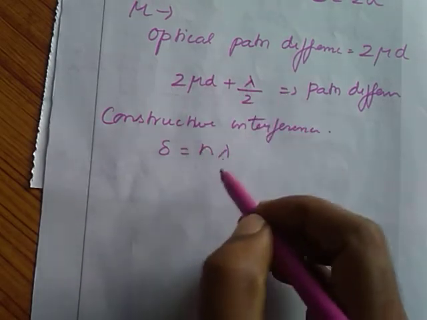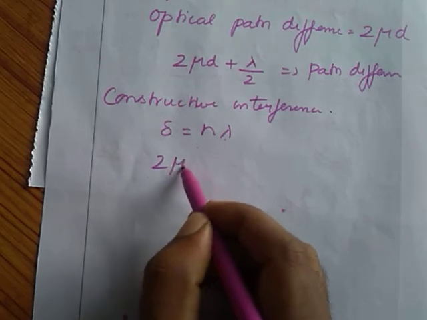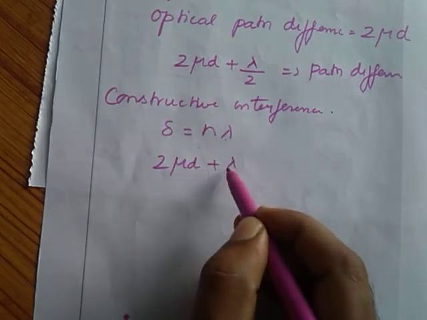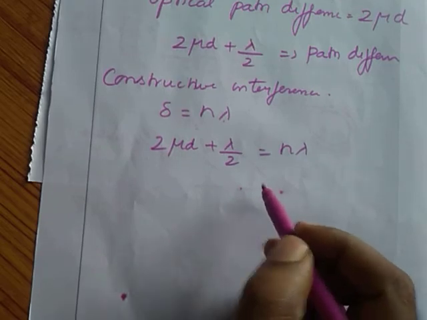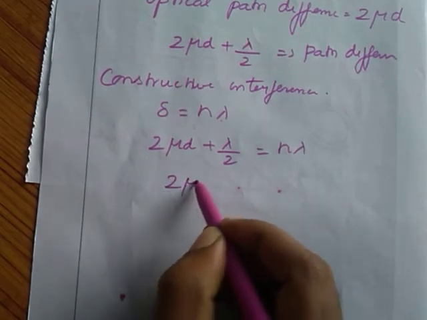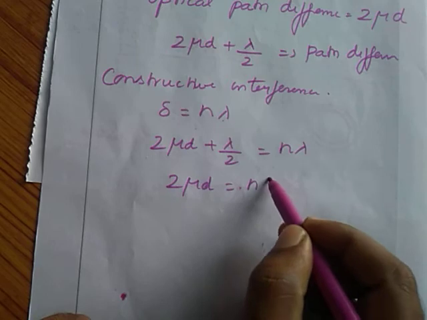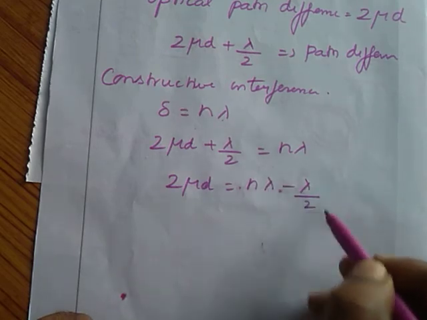Equating these two, 2 mu d plus lambda by 2 is equal to n lambda. Solving this, 2 mu d is equal to n lambda minus lambda by 2.